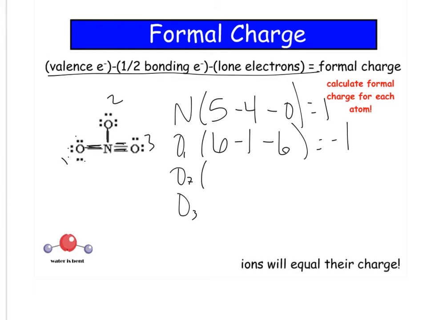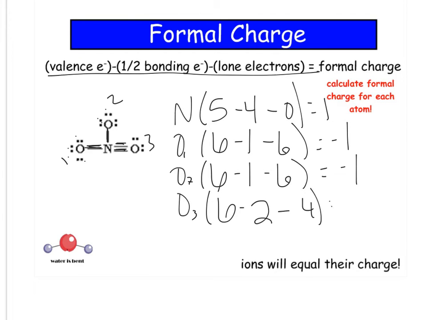So let's do oxygen number 2, 6, half of the bonding electrons, so 1, and it's got 1, 2, 3, 4, 5, 6 lone electrons. It's also -1. All right, that's all right. Third oxygen, 6 valence electrons, 1, 2 bonding electrons, minus 1, 2, 3, 4, which is 0.